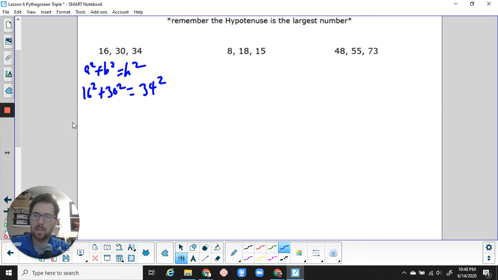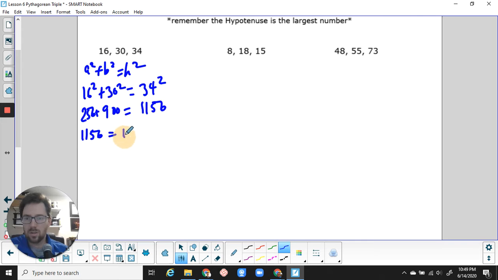So let's type these into our calculation devices. We've got 16 times 16 equals 256. For 30 squared we can do a little trick: 3 squared is 9, and two zeros because it's squared, so 900. And 34 times 34 equals 1156. 256 plus 900 equals 1156.